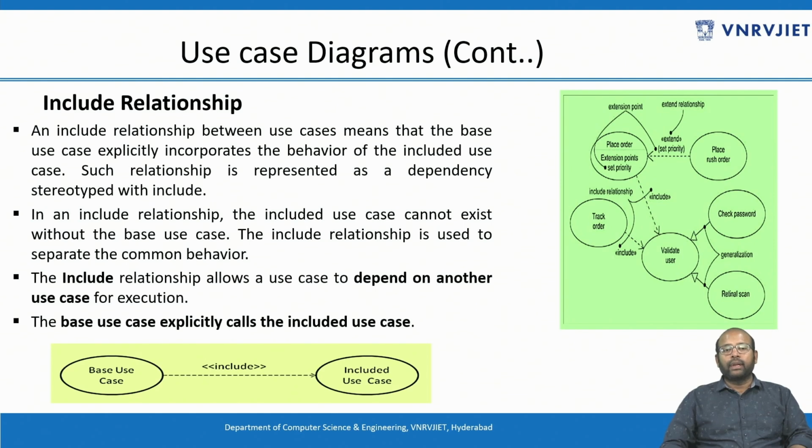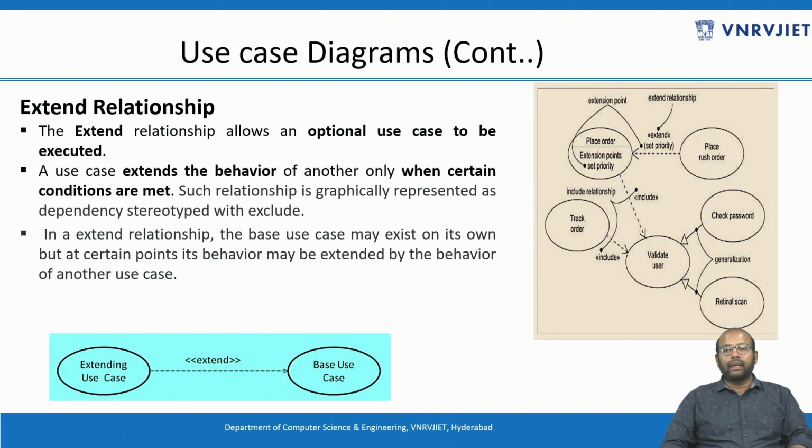Then the include relationship, as I told you just now. Whenever there is a flow of events, one after another, like browsing the product, adding into the cart, and then entering the address details, these are a continuous flow of events. There you can apply this include stereotype, and it can be applied only to the dependency relationship.